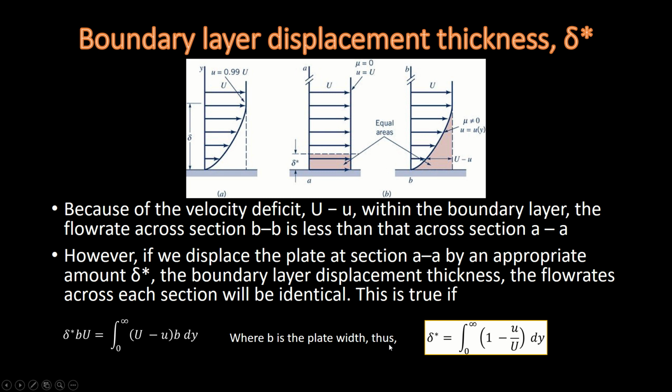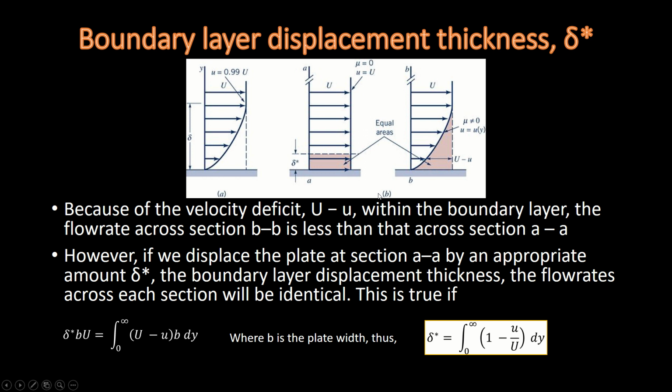And then the second parameter for the boundary layer is the boundary layer displacement thickness. As you can see in this figure, there are A and B. A is the boundary layer thickness, where the flow is in the viscous region.